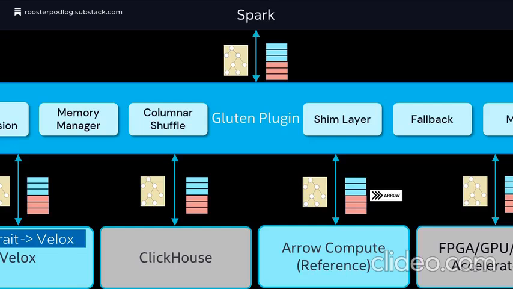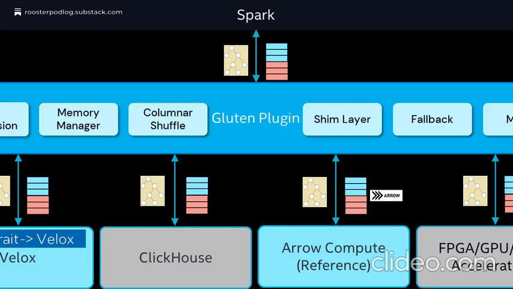Exactly. Tungsten compiles multiple operations into optimized JVM bytecode at runtime. Runtime. So it's doing this on the fly. Yep. It's super dynamic. And it eliminates those function call overheads, lets the JVM optimize things better, and ultimately makes things run faster. So it's like taking a series of individual steps and combining them into a single, fluid, super efficient move. Yes, precisely. It's a real game changer.